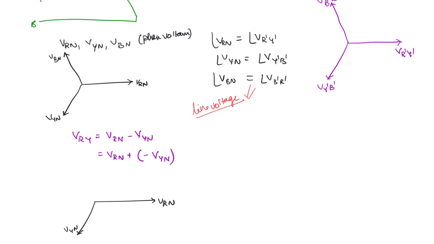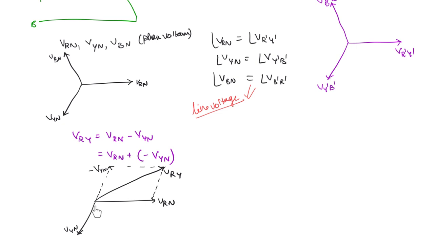What will be minus VYN? It is going to be exactly 180 degrees opposite to this. So you have minus VYN like this. So now if you add these two phasors, you are going to get VRY. So the phasor addition is going to look like this.